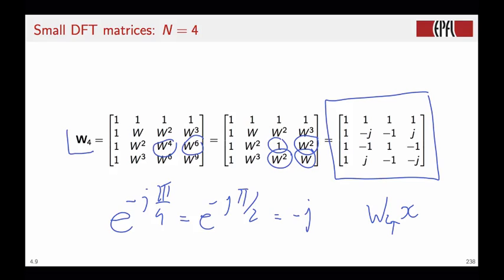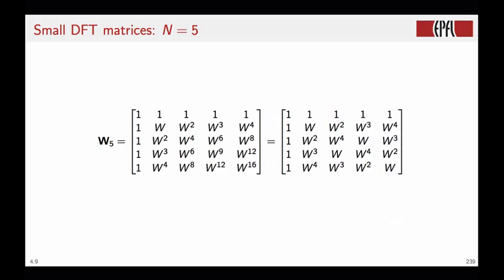So the reason we go through these small matrices is to see that there is a lot of symmetry, a lot of structure that can be taken advantage of. Okay, W5 is more complicated. It doesn't have these obvious simplifications. It's only the modulo 5 simplification. So for example, this entry here, W16 modulo 5, the closest multiple of 5 is 15, and so on.